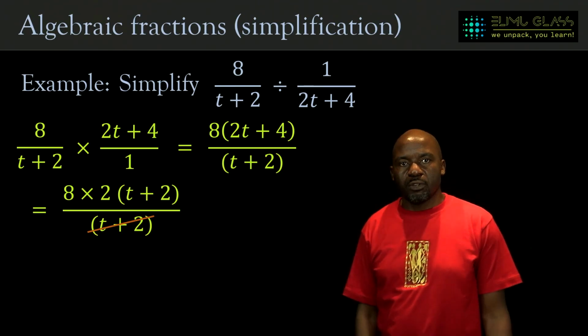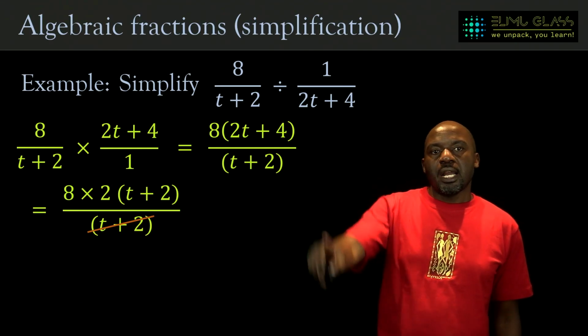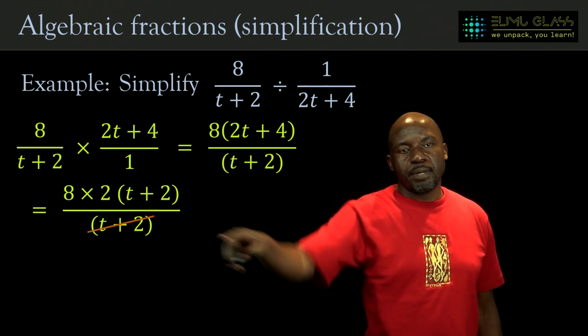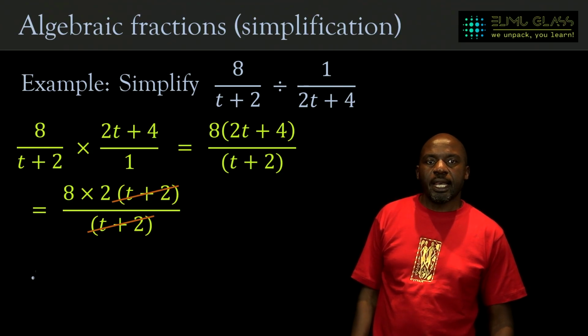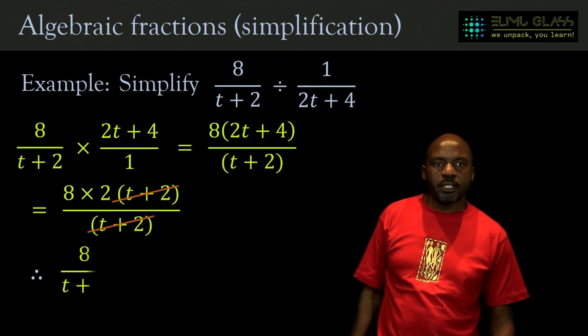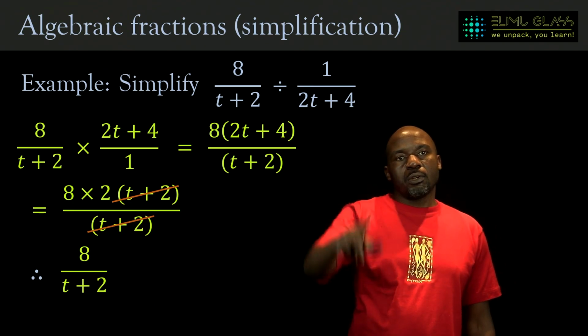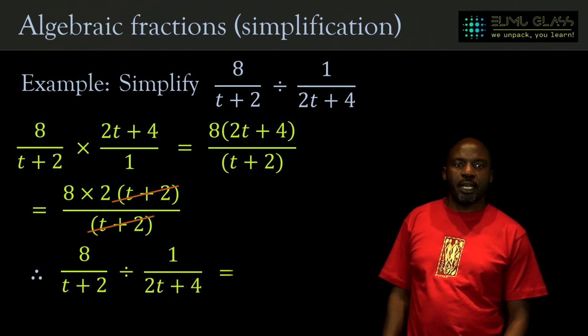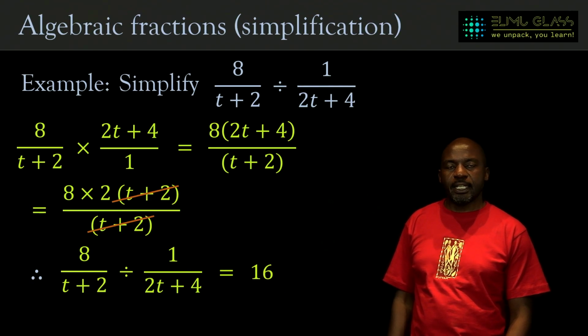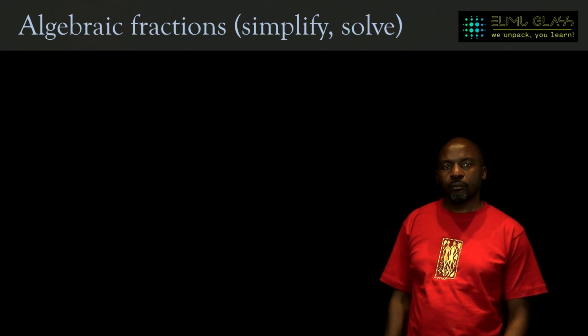If we move the 2 out, we end up with 8 times 2, and now I have t plus 2 in the numerator and t plus 2 in the denominator, and so I can cancel, and I end up with just 16. Okay, so if you simplify that problem there, you end up with just 16.